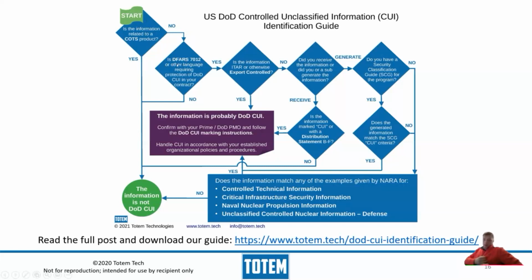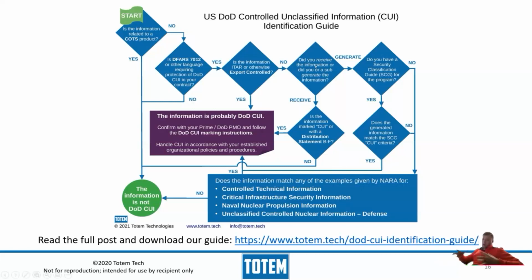And then you can go through, the next one is DFARS 7012 or other language requiring protection of DoD CUI in your contract. So we'll look through your contract and look through that information to see if that is called out specifically within your contract. The next one, if you're dealing with ITAR, then it is likely considered CUI. Almost always it is considered CUI.